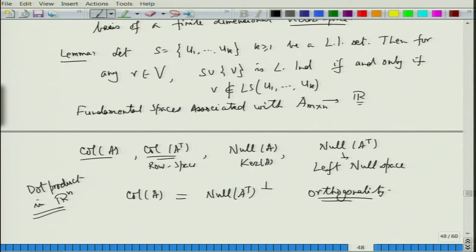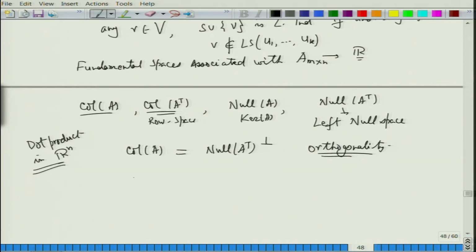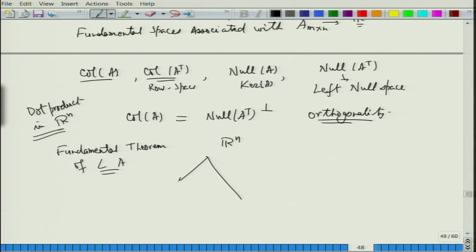And then the fundamental theorem of linear algebra was there, which said that I can write Rn as well as Rm as orthogonal things.